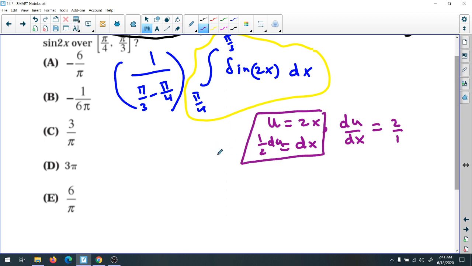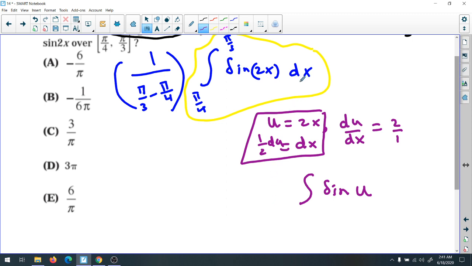Also, if you use the substitution method, these are bounds for x. Now we need new bounds for u. So let's set it first. It will be the integral of sine, replace 2x with u, sine u.